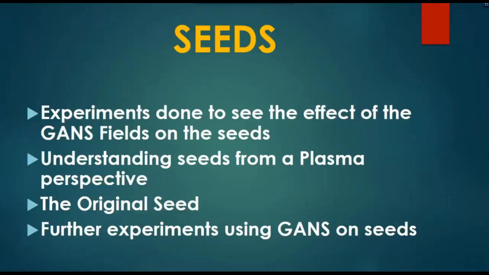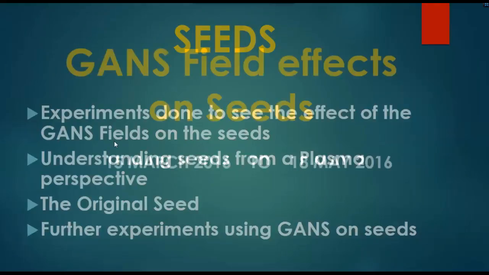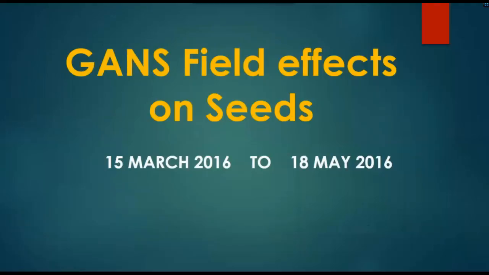One of the experiments we had done was to look at the effects the fields from the different GANSes would have on the seeds. I will be going through what we did as an experiment to determine the outcome.